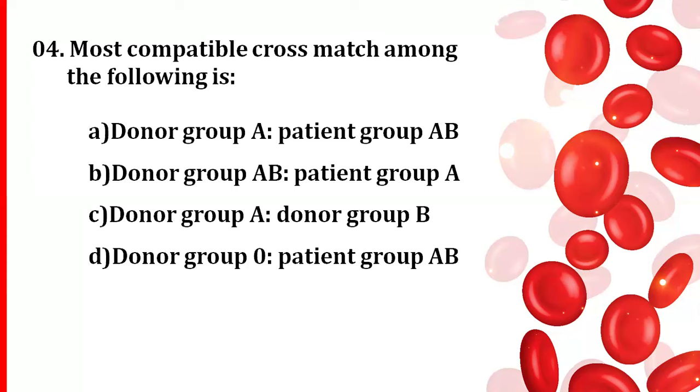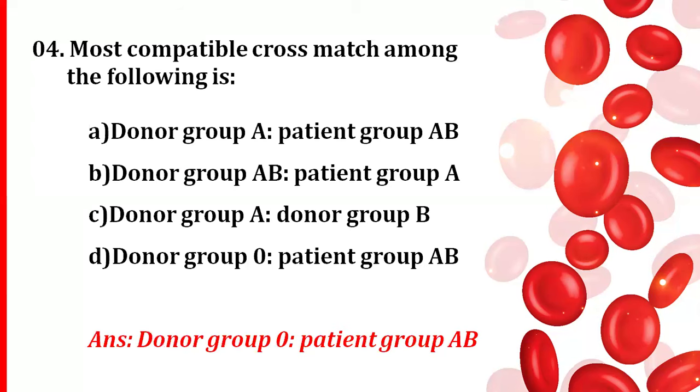Here, the right answer is option D, that is donor group O and patient group AB. As you know, universal donor is O negative and AB is the universal recipient. So that is the most compatible cross match.